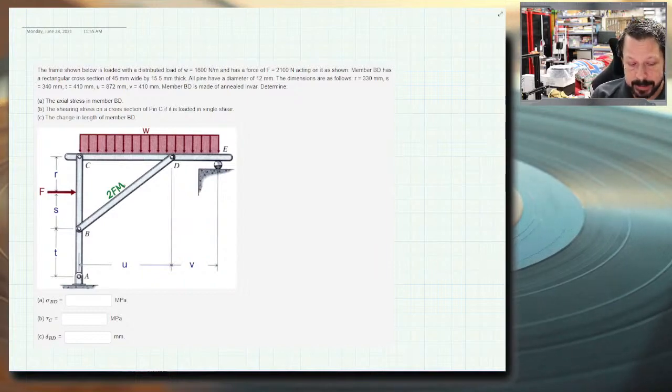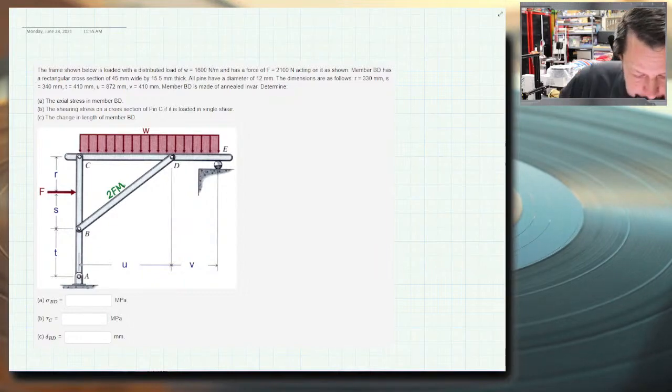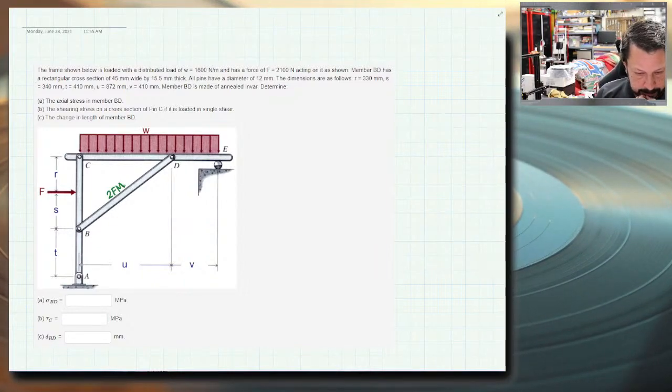So I'm going to end up needing to find the forces at C, so CX and CY, and the force in member BD. Now that I know that member BD is a two force member, I do know the direction of that force. I just don't know the magnitude, and I don't really know if it's compression or tension. I could guess which one it is, but I don't know that yet.